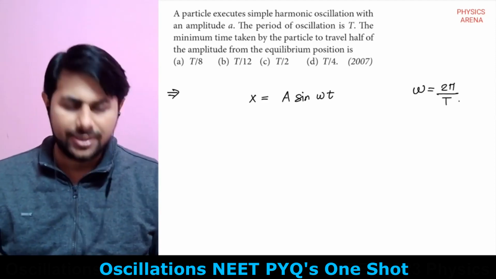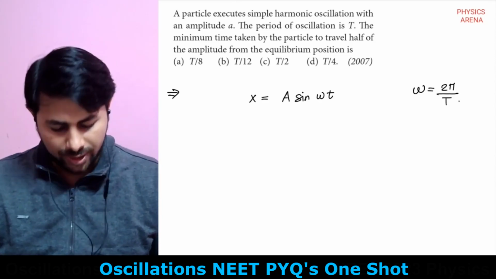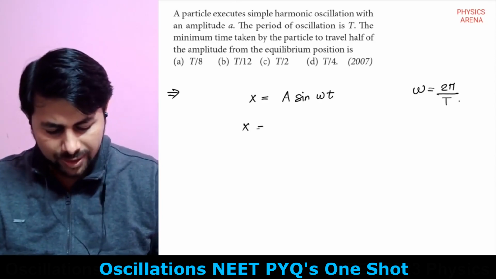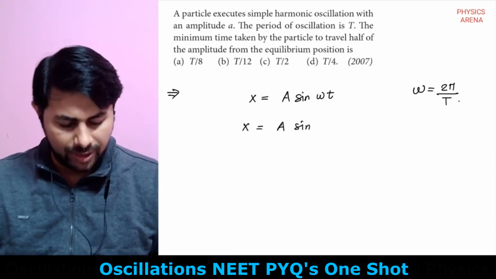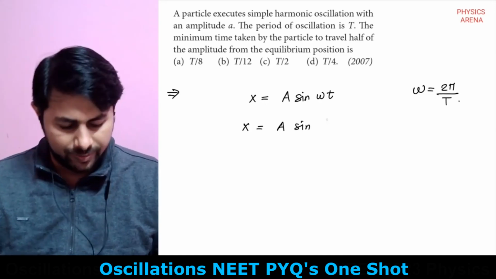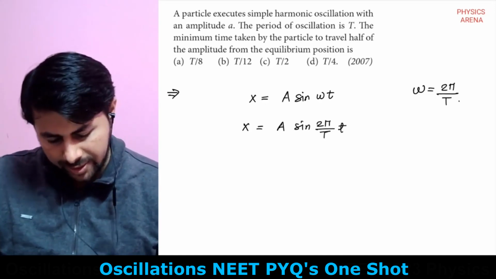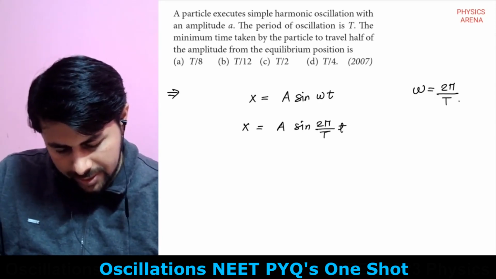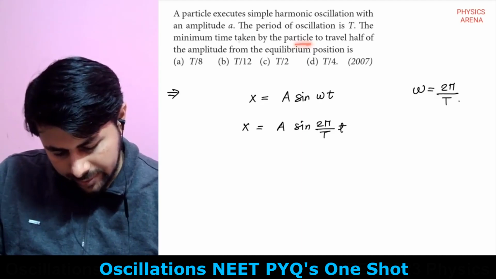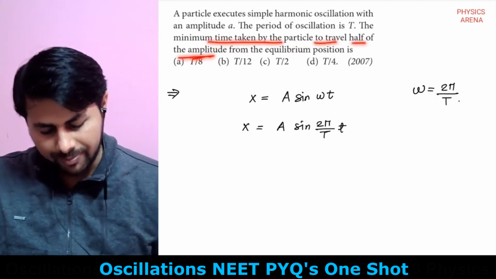When you solve this in an exam, for any question based upon oscillations, you should directly use this formula. X is equal to A sine of, in place of omega, put 2 pi upon T, times t. And what's given? The minimum time taken by the particle to travel half the amplitude.